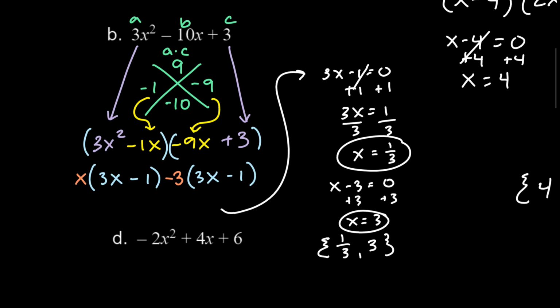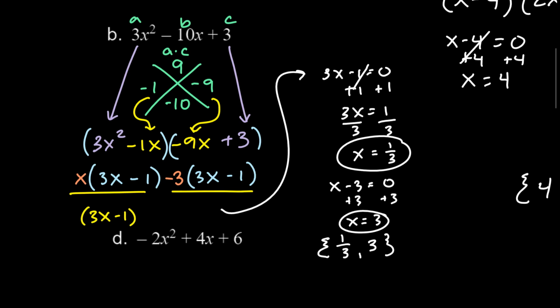That's a number times parentheses, and the second grouping is a number times the parentheses. So because we have a parentheses times a number and a parentheses times a number, we can pull out the greatest common factor from both of those. Between the two of them, they both have a factor of 3x minus 1. So what I can do is pull that 3x minus 1 out.